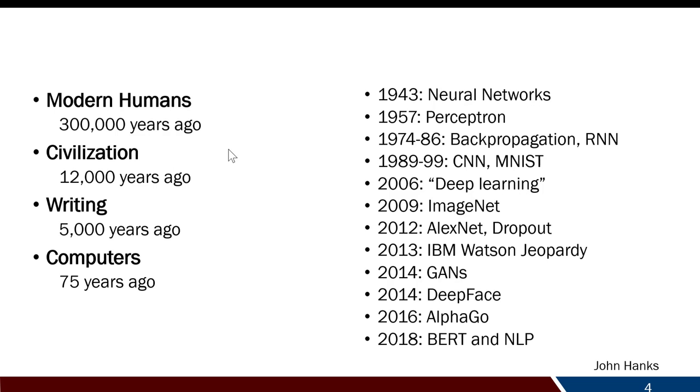Well, so that you have some background, the timeline of deep learning: in the 40s, neural networks were explored. In the 50s, the idea of a perceptron, with simple inputs to a neuron that mimicked biological neurons, and then the implementation of backpropagation and recurrent neural networks in the 80s, and then convolutional neural networks, CNNs, and then the development of standard databases like MNIST.